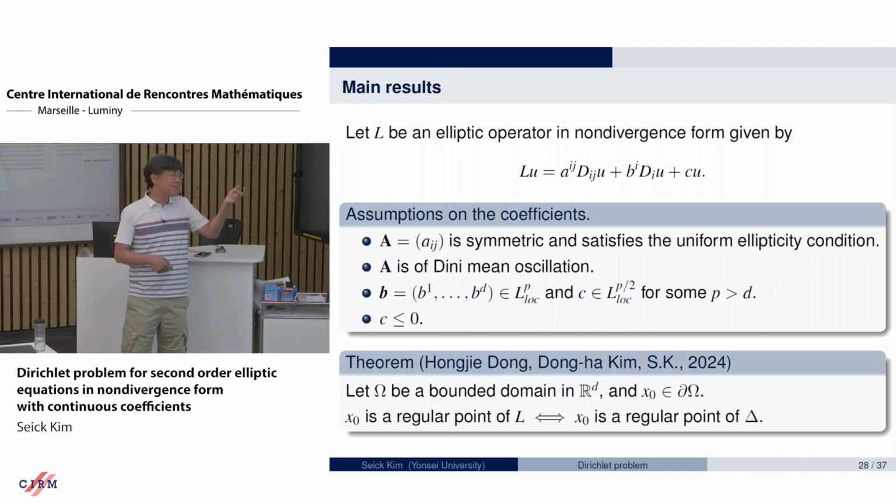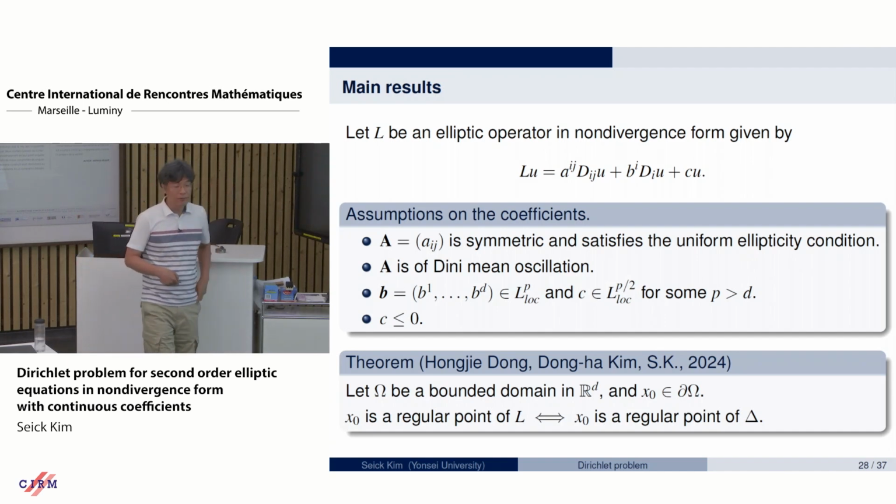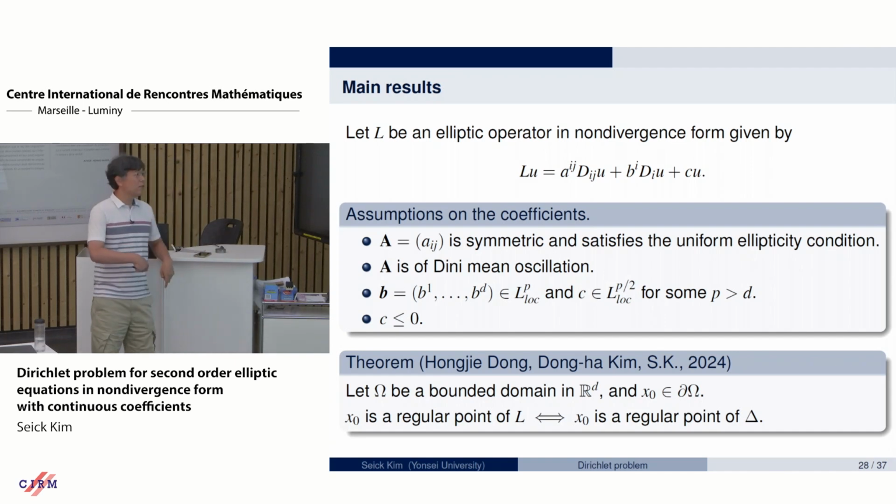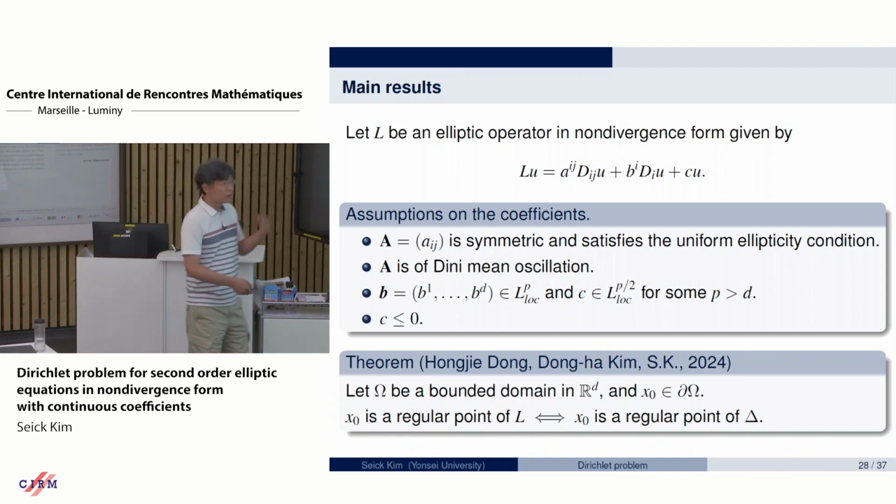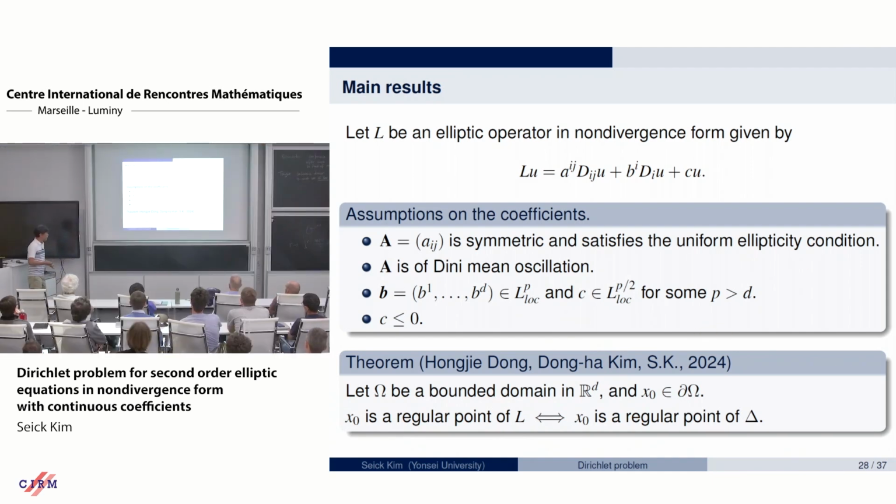You can relax this condition a little bit, but I want the maximum principle to hold. Then this is the result: under that assumption, a regular point for this L is the same as a regular point for the Laplacian. That's the main result.